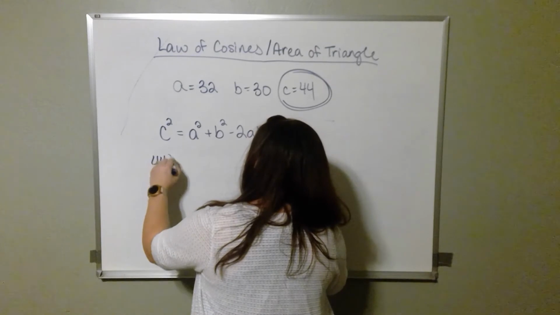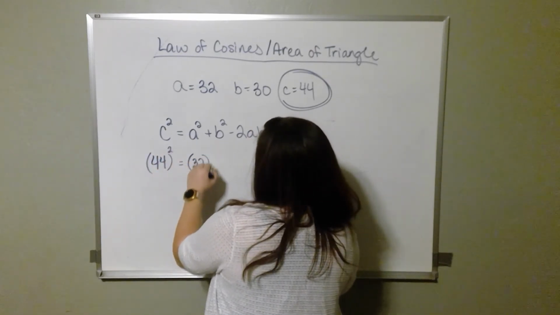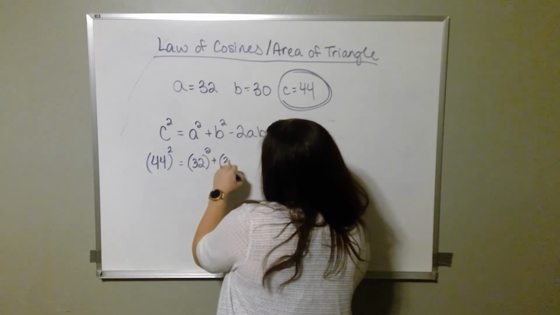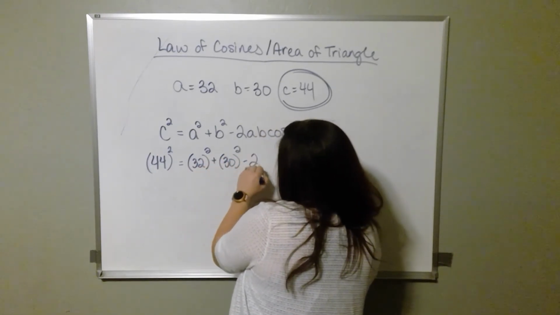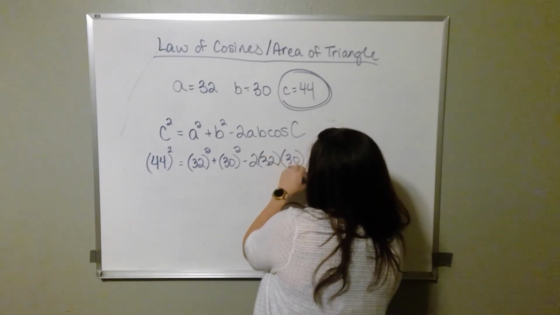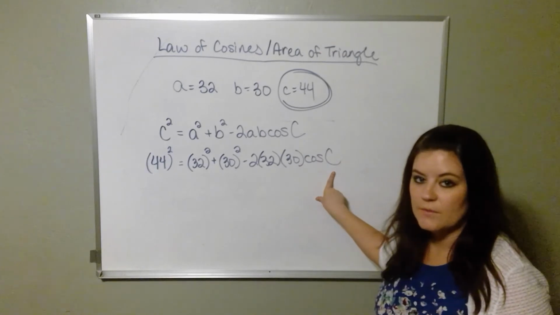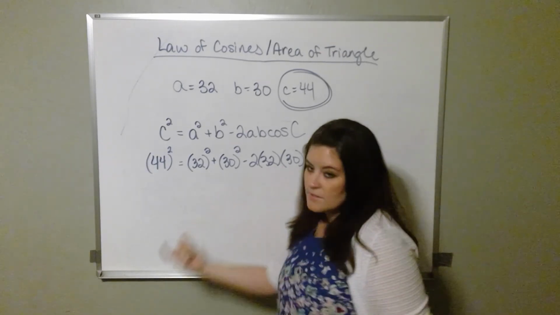So 44 squared equals 32 squared plus 30 squared minus 2 times 32 times 30 times the cosine of angle C. That's the only thing we don't know here. So let's do some math.